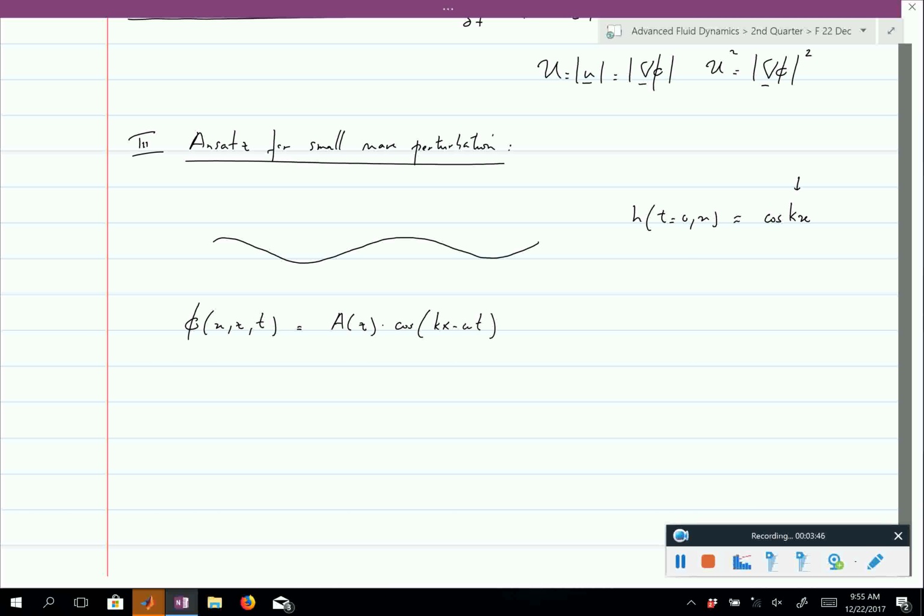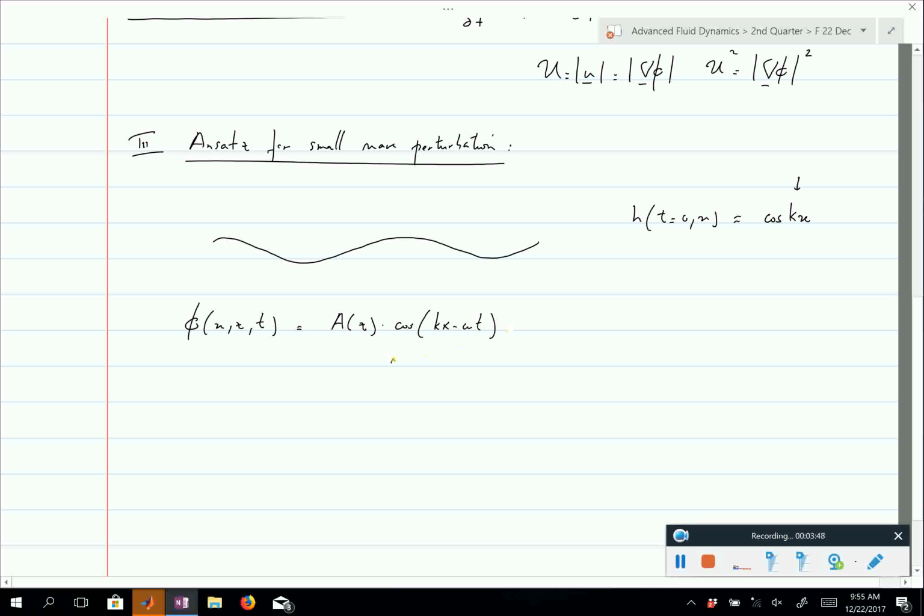It's the same. But what we'll do is we'll play with exponential because it's going to be easier. So k x minus ct. So we are assuming that we are looking for a solution under this form.